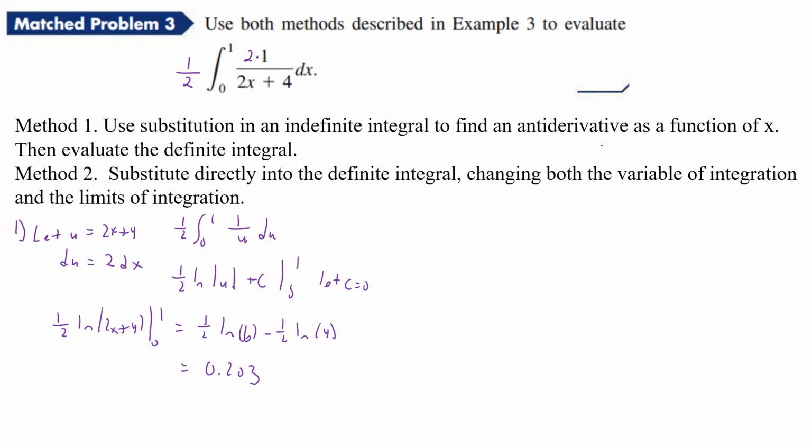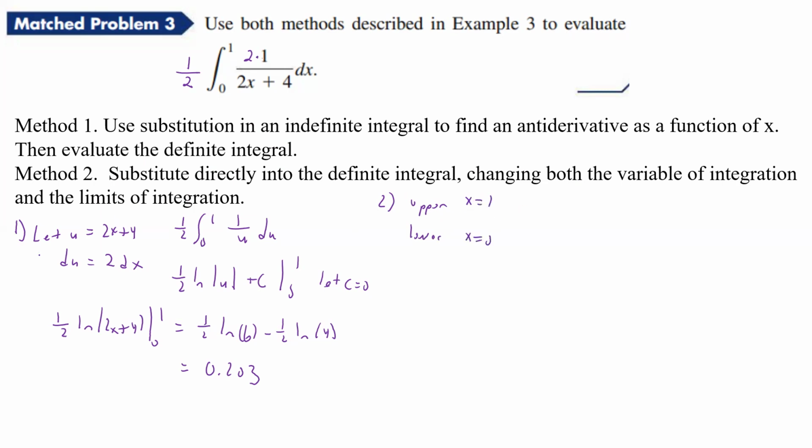Okay. Now the next one, we're going to do substitution, and we're also going to change the limits of integration. All right, so with that one, for 2, we have to think about our upper and our lower limits of integration. Here x is equal to 1, here x was equal to 0. And what are we doing?